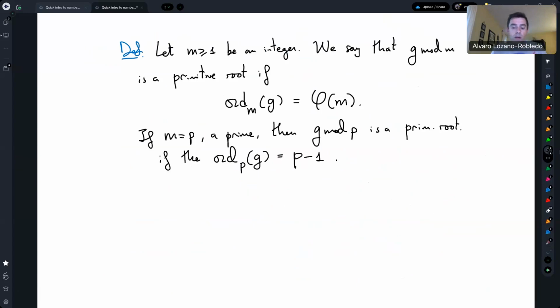Okay, so for example, for p equals 11, the numbers 2, 6, 7, or 8 are primitive roots.